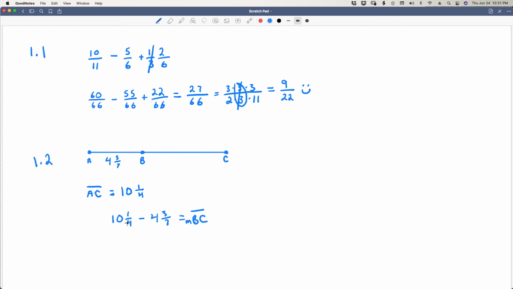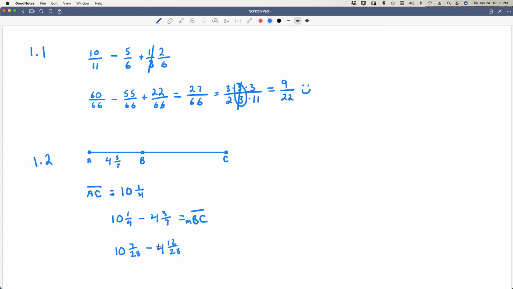So first of all, we have to get the same common denominator. And in this case, because 7 is prime, we know we need to multiply. So 10, and we have 7 over 28 minus 4, and we have 12 over 28.